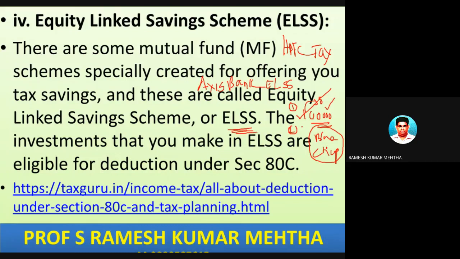Number two, this 1 lakh rupees is invested by the mutual fund or asset management company in a set of blue chip companies like Reliance Industries, Tata Consultancy Services, Wipro, Infosys, Axis Bank, ICICI Bank, HDFC Bank, and so on and so forth.